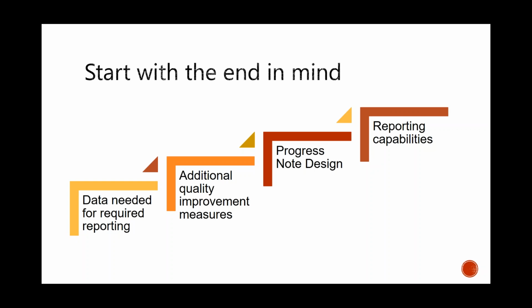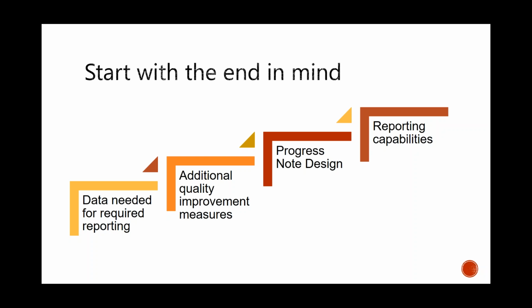So what data exactly do you need for all of the required reporting that you are responsible for around diabetes? And layer on top of that, what are the additional quality improvement measures that you as clinicians, as healthcare professionals, want to know about.